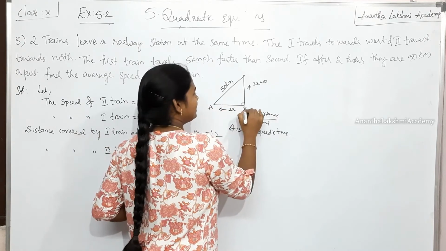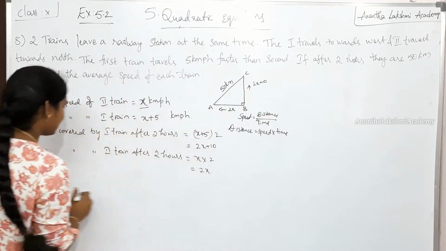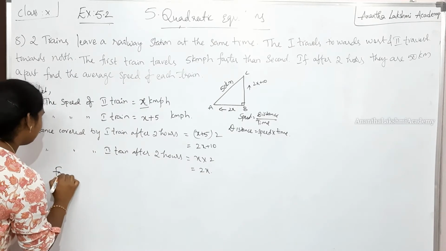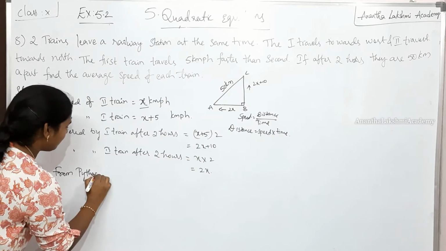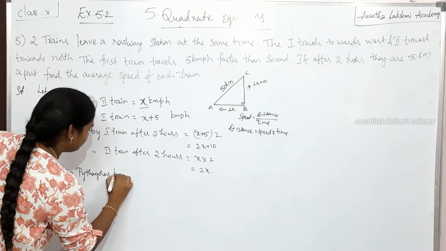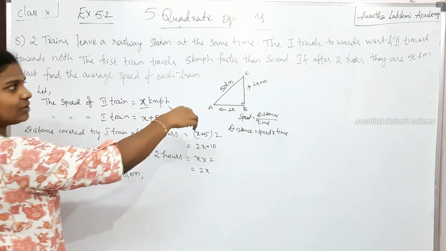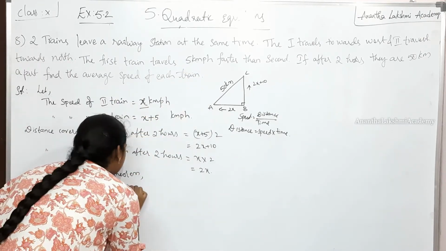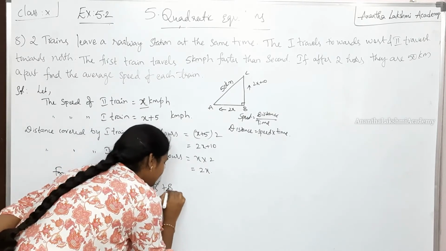If you look at this A, B, C right angle triangle, let us apply Pythagoras theorem. From Pythagoras theorem, AC square is equal to AB square plus BC square.